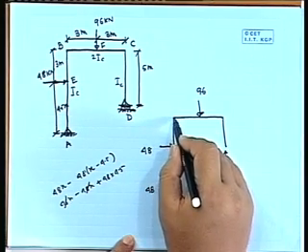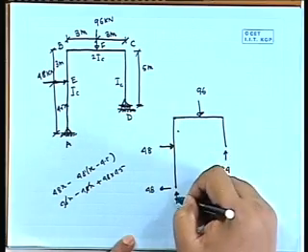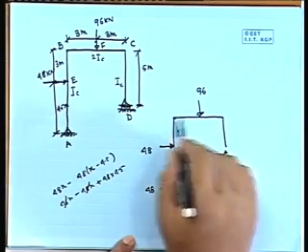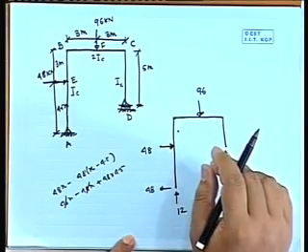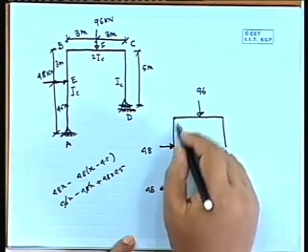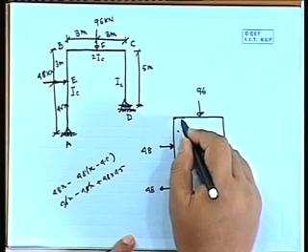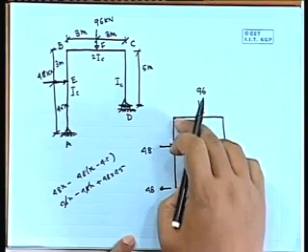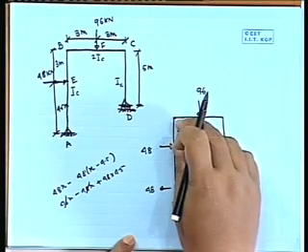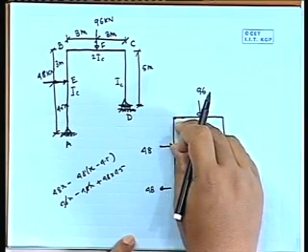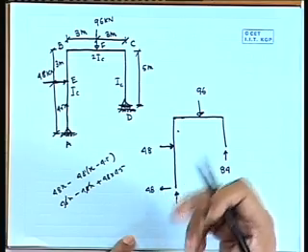Now that moment will be here, plus if you cross that, this 12 into x, that will be some other moment. Say if we take a cross section, right? So 48 into that height minus 48 into that height minus this height. So basically that will produce that 216.